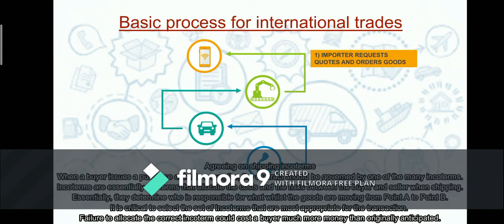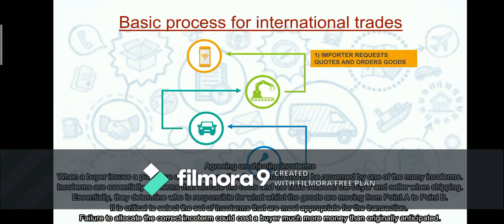This is including an agreement on shipping terms when a buyer issues a purchase order to suppliers. The contract should be governed by one of the many Incoterms, essentially the terms that allocate the costs and the risk between the buyer and the seller when shipping.